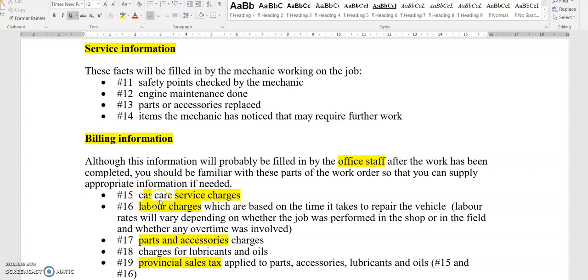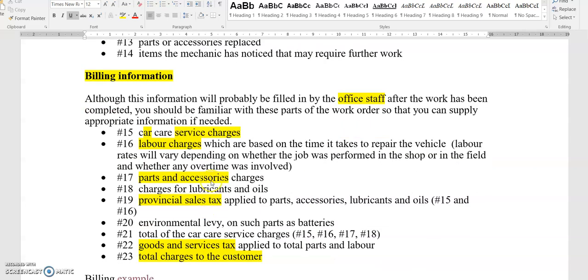I charge for mileage and travel time, so that will be included in billing information. And then labor charges, parts and accessories if any needed. And then if I have to charge PST, then PST will be applied to parts and accessories, and then GST, which is applied to labor and total parts.